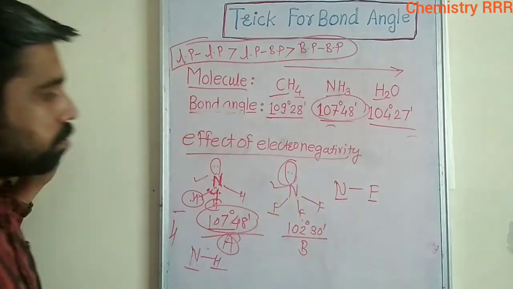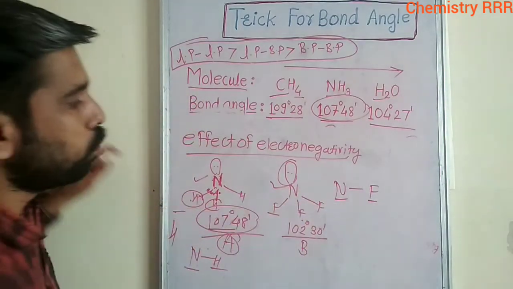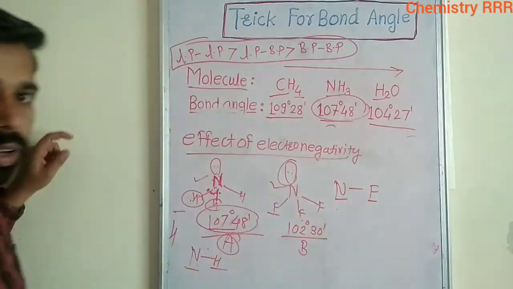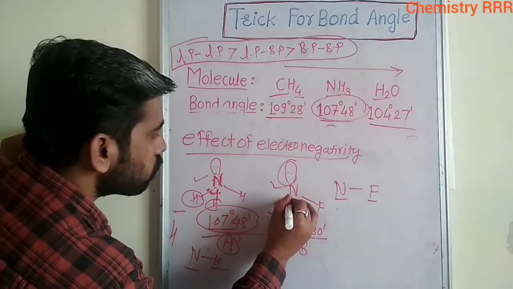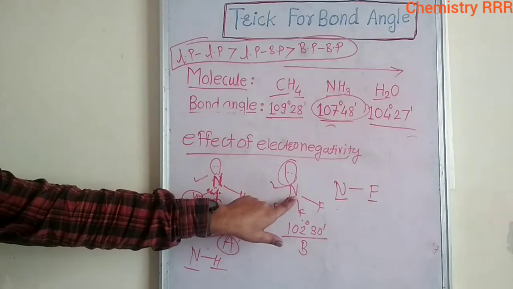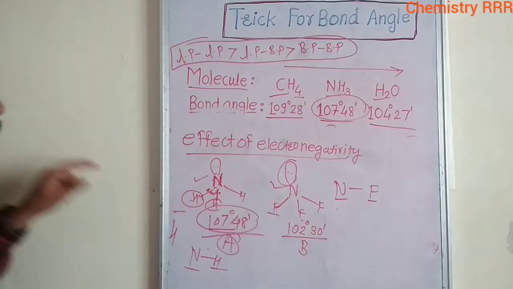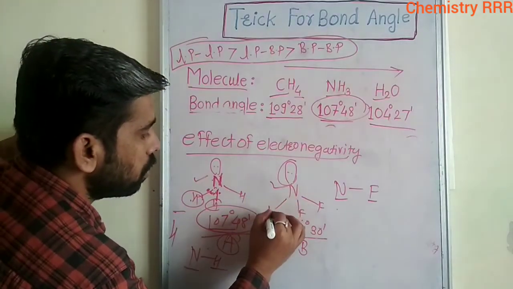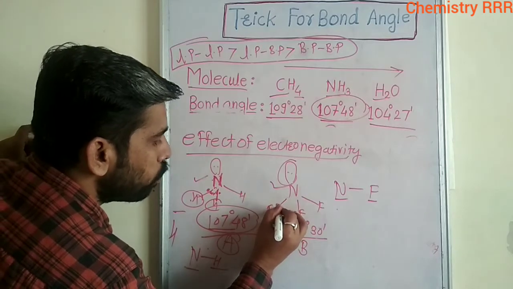But in this case, chlorine has more electronegativity as compared to nitrogen, so the bond pair present between the nitrogen and chlorine is slightly towards chlorine.